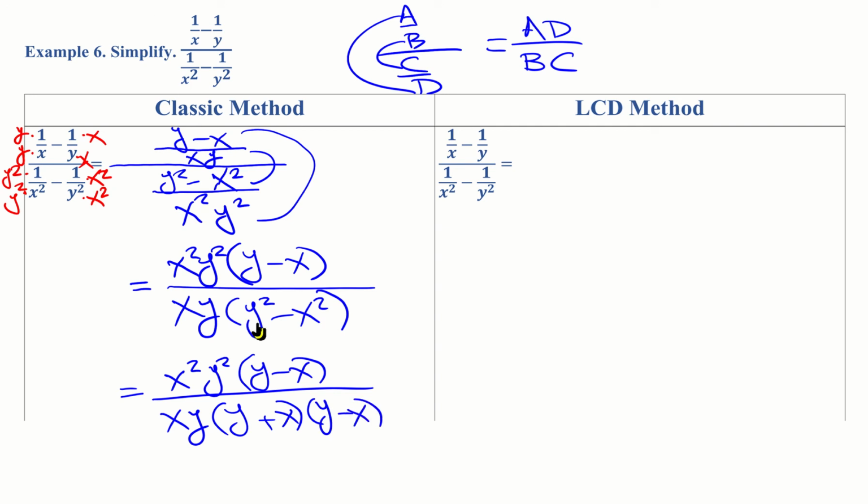Remember that a difference of squares factors as a product of two conjugates. So now we cross cancel as much as we can. x goes into itself once, and it goes into x squared x times.